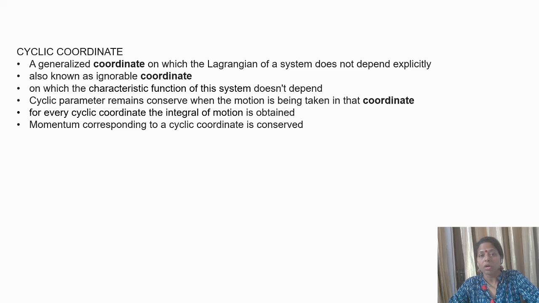So our dynamical system, which was described in terms of conventional coordinates, is now described in terms of generalized coordinates in the configuration space. And the characteristic function of the configuration space is the Lagrangian.